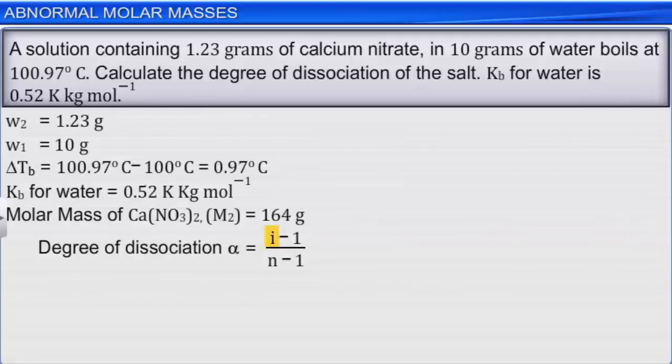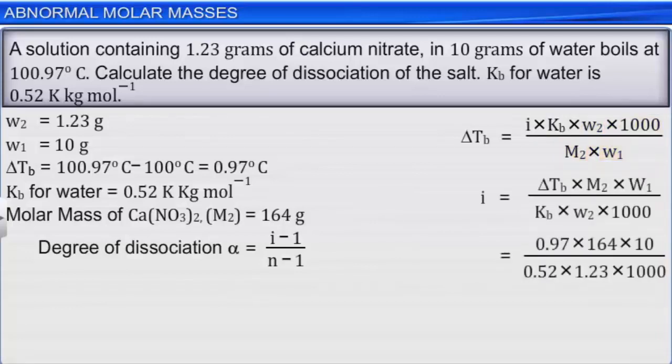Substitute these values in the modified equation for elevation in boiling point. Elevation of boiling point, delta Tb, is equal to i multiplied by Kb multiplied by W2 multiplied by 1000 divided by M2 multiplied by W1. On solving for i, we get Van 't Hoff's factor, i, is equal to 2.48.